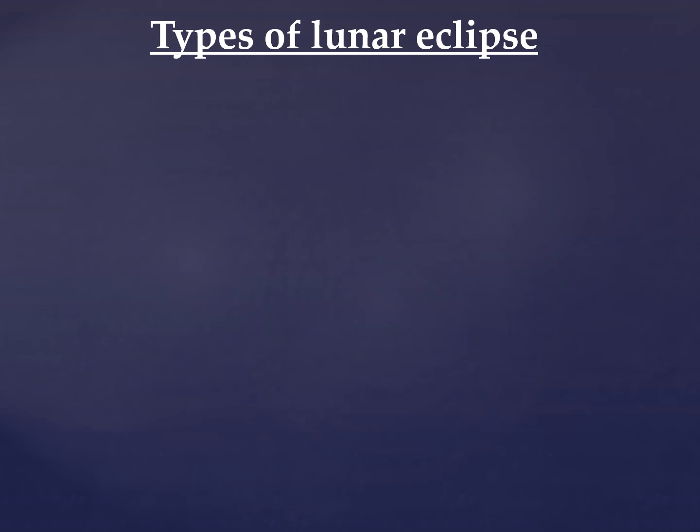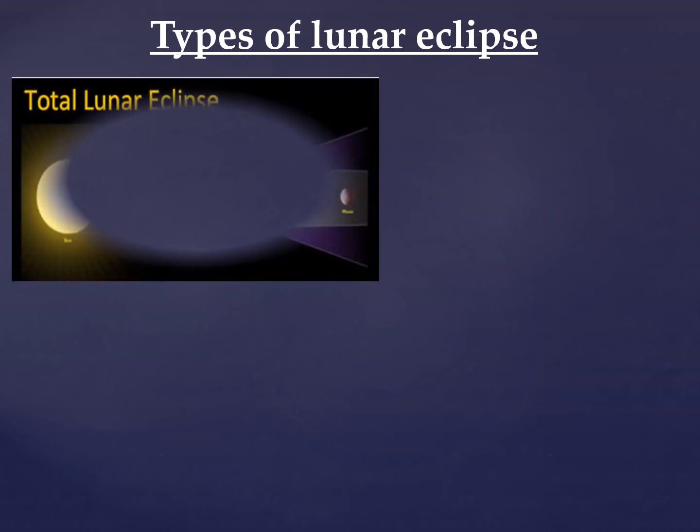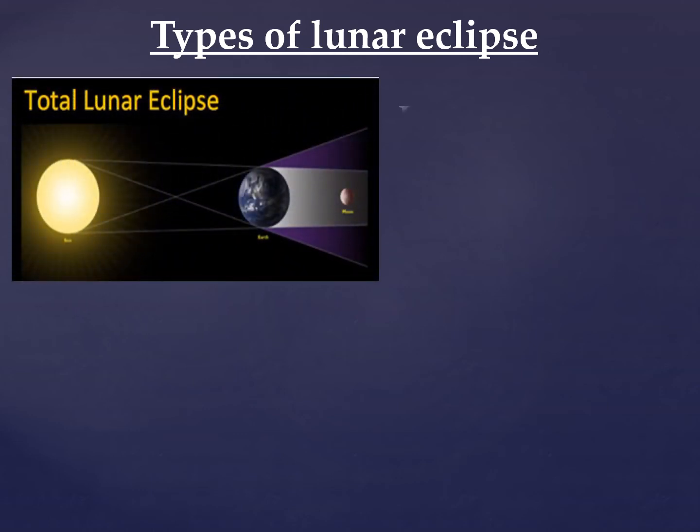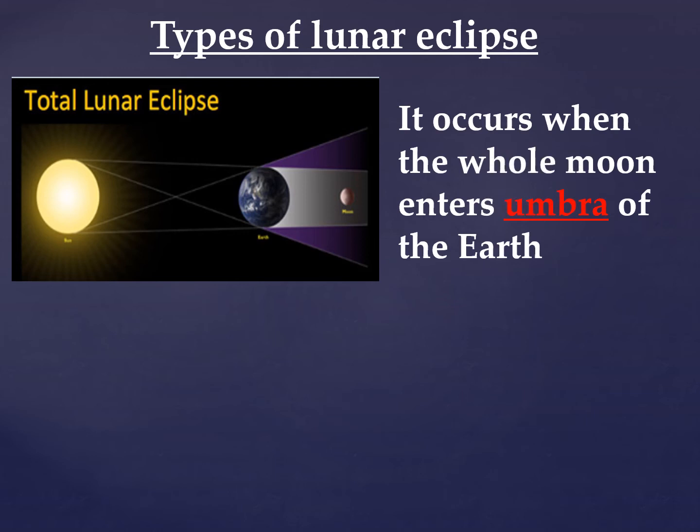Here we have two types of lunar eclipse, which are total lunar eclipse and partial lunar eclipse. First, total lunar eclipse. It occurs when the whole moon enters umbra of the earth.